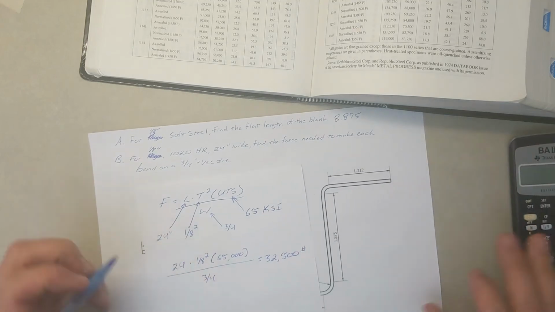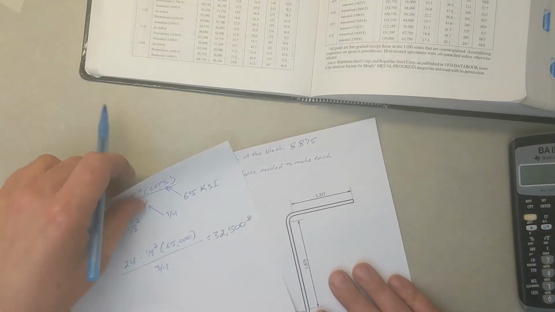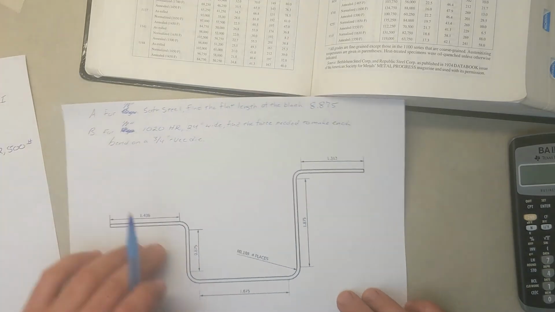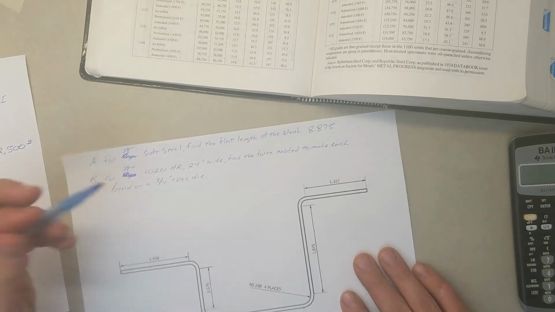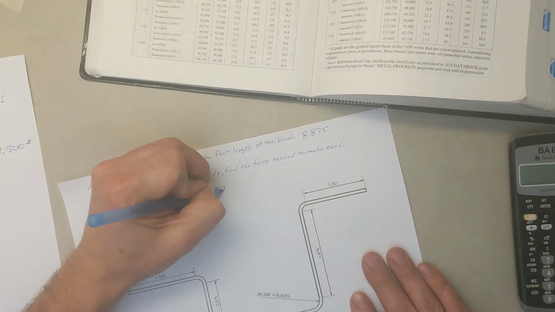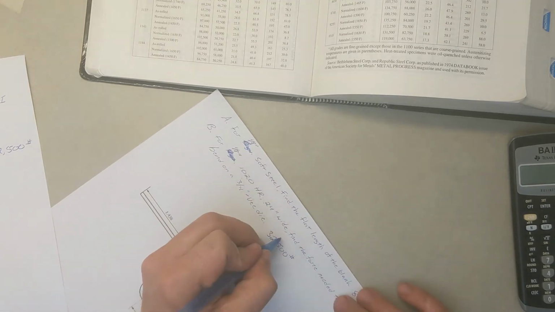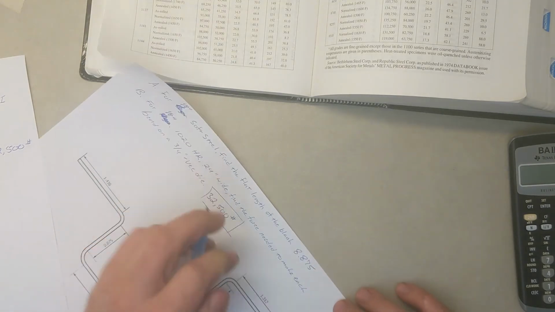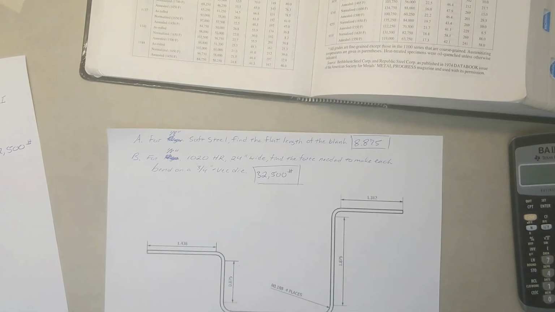So that's the amount of press force it would take, a little over 16 tons, to press each one of these in a 2-foot wide piece. So here, 32,500 pounds.